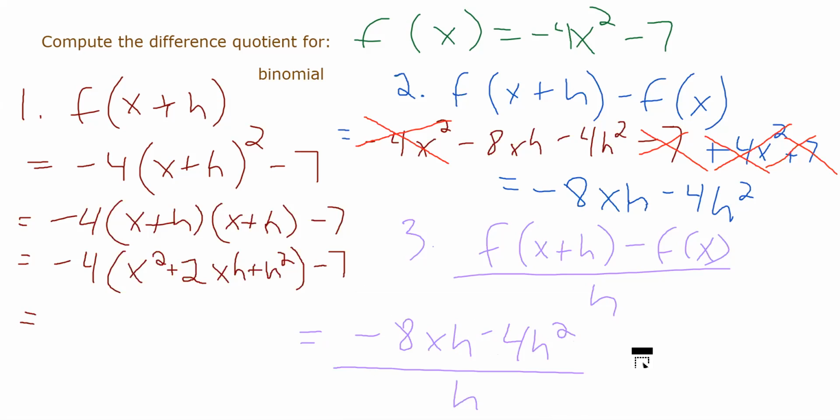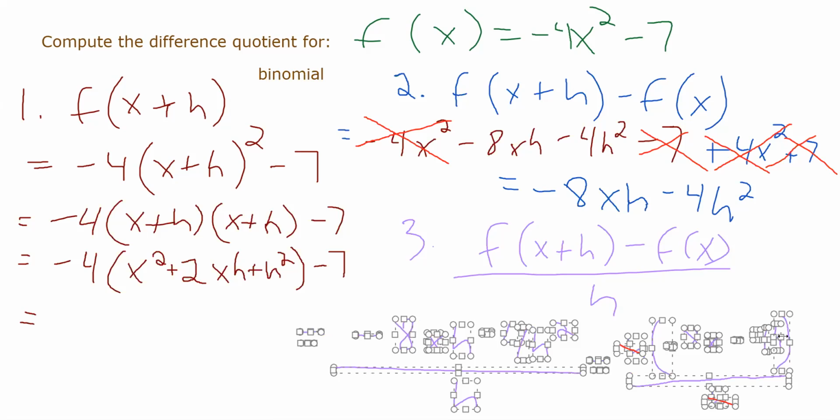But now we notice something magical is happening. Look, we're dividing by h, and both the things up here have at least an h involved with them. So we're thinking, just like last time, let's see if we can do any cancellation maybe with that h. And guess what? You can. You could factor an h out of the top. There's still a single h attached to that 4 in there, but by writing it this way, we can see those h's cancel.